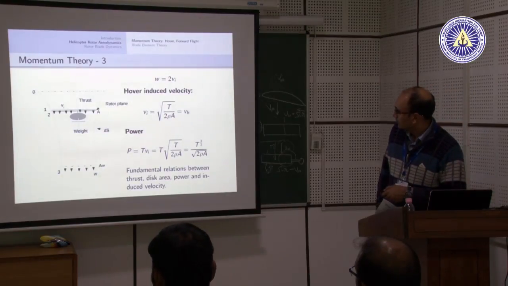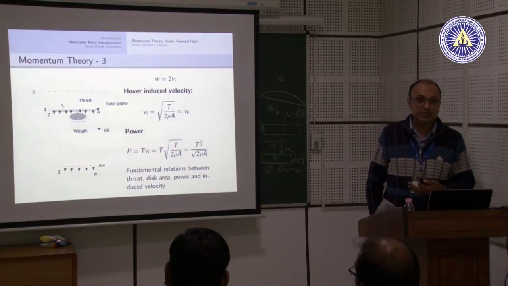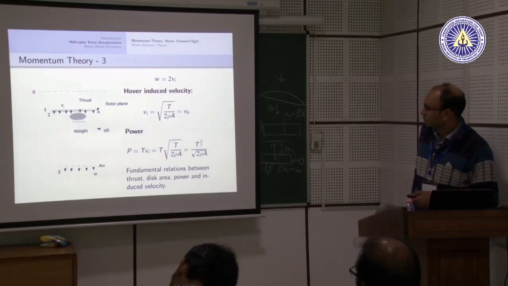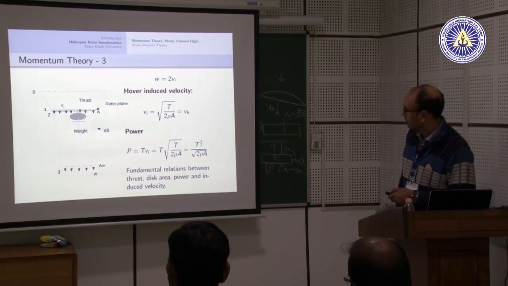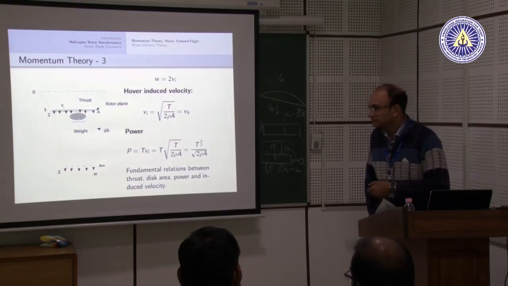And further if I eliminate some other unknowns, I end up getting an expression for the velocity that my actuator disc is inducing, that is my rotor is inducing to the air to generate this thrust T. So, this Vi is equal to square root of T, thrust, divided by 2 rho A, where rho is the density of air and A is my disc area.